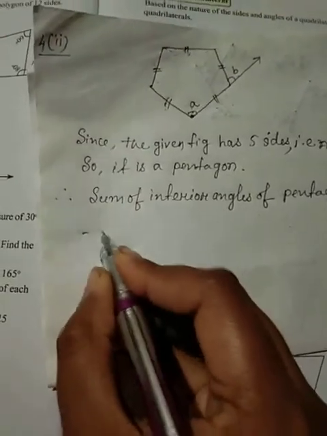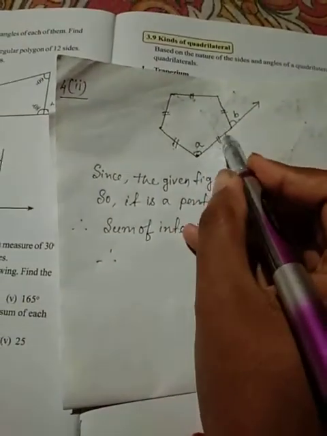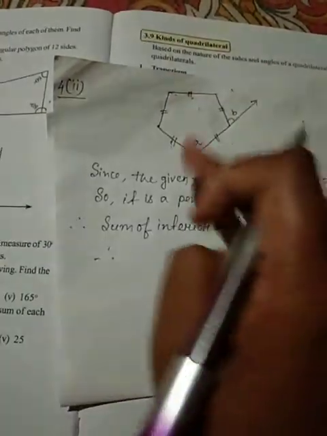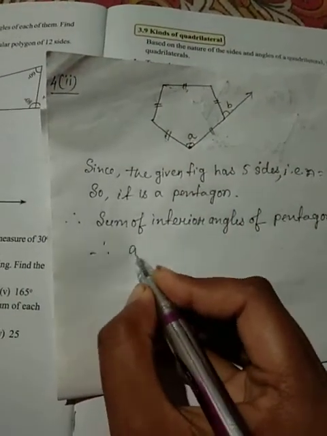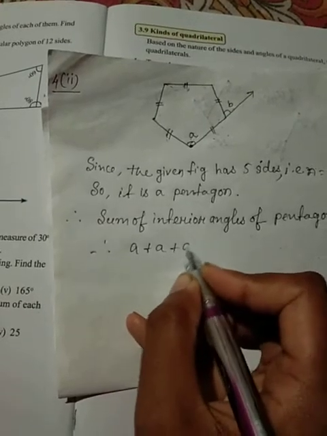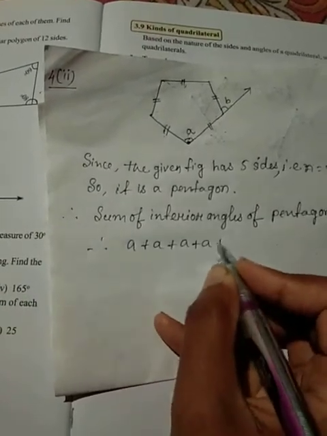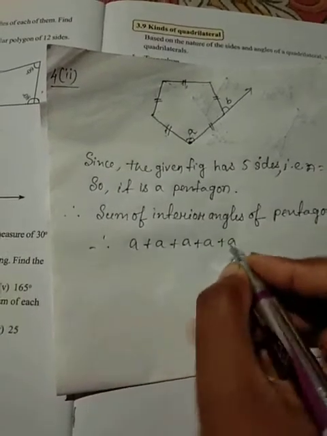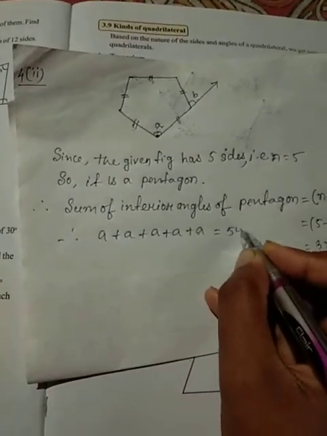Therefore this also A, this also A. Here it has 5 angles. So A plus A plus A plus A plus A, this is 5 angles, A 1, 2, 3, 4, 5 equal to 540 degree.